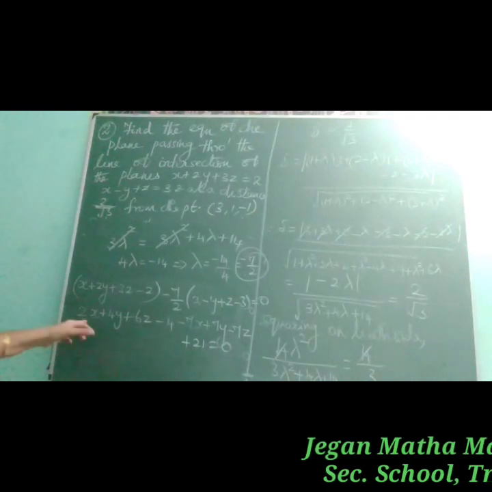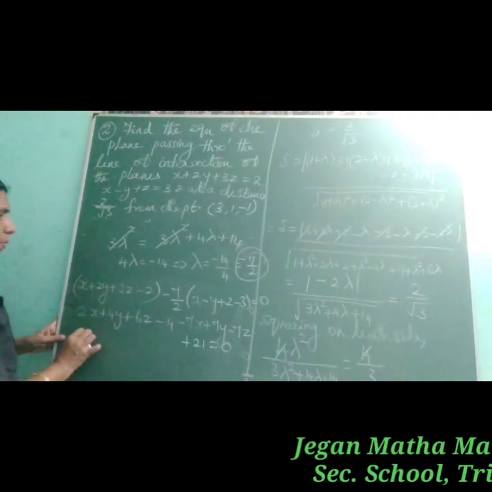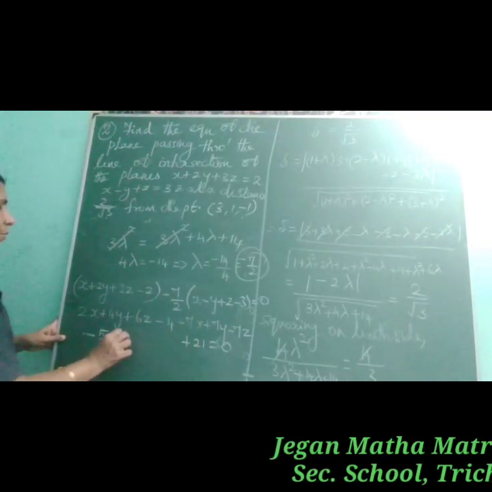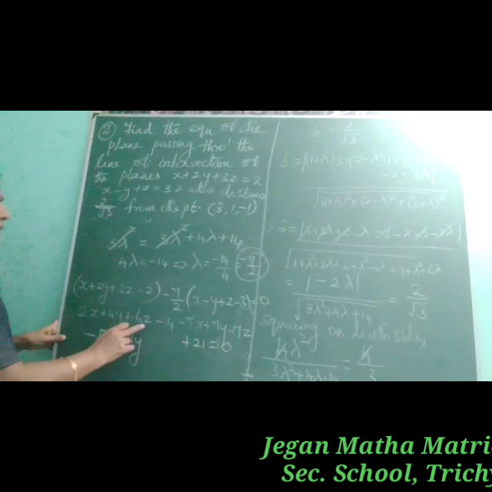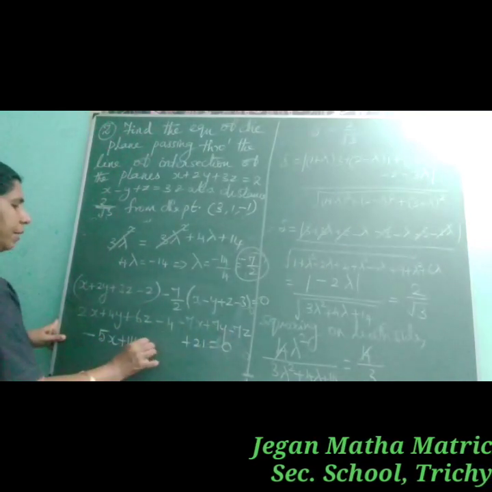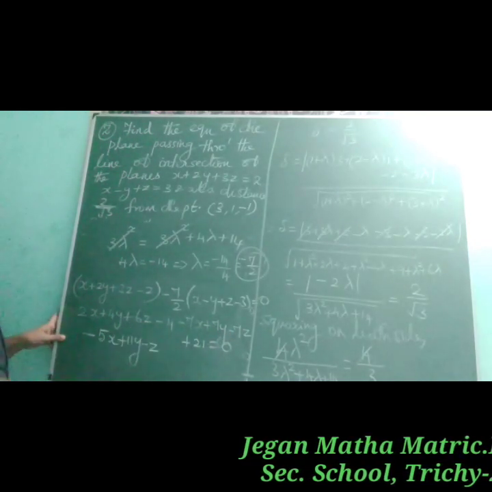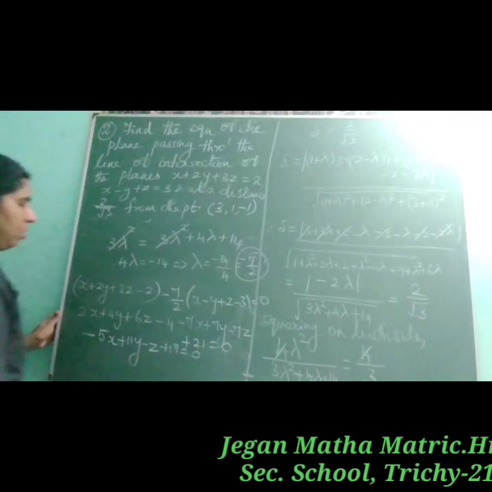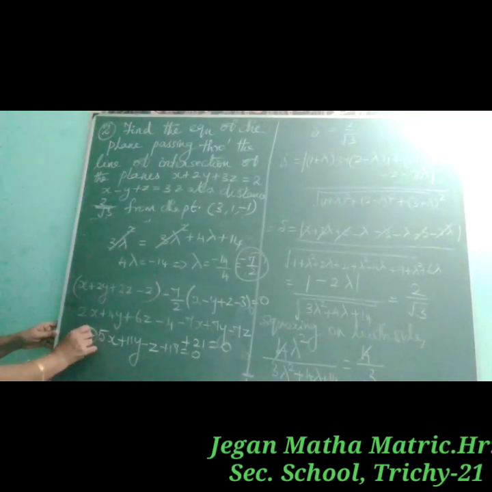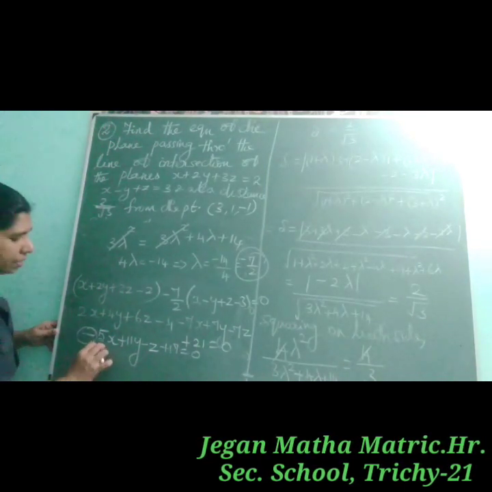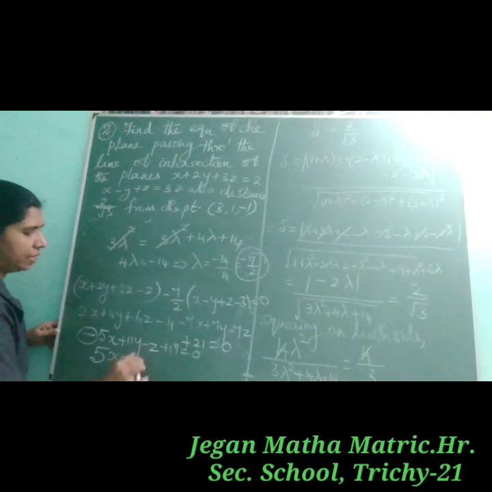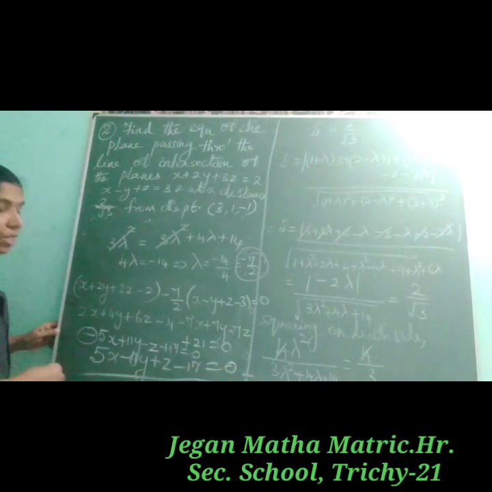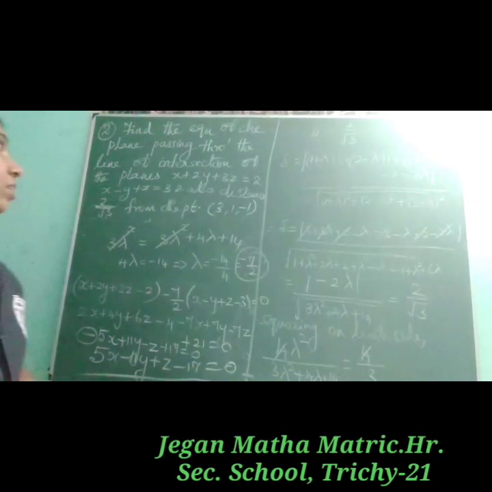When you are simplifying this, 2x minus 7x is minus 5x, 4y plus 7y is 11y, 6z minus 7z is minus z, minus 4 plus 21 is 17, equal to 0. Once more, if you are removing this negative sign, the answer is 5x minus 11y plus z minus 17 equal to 0. This is the required equation of a plane.